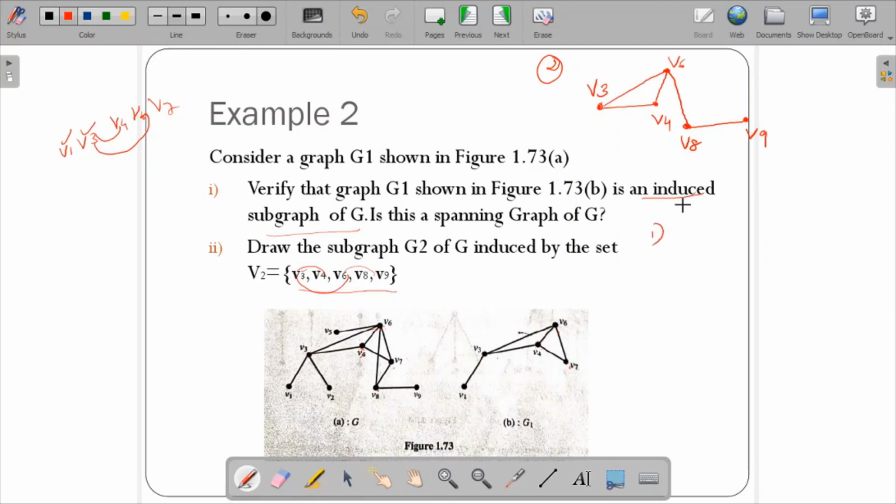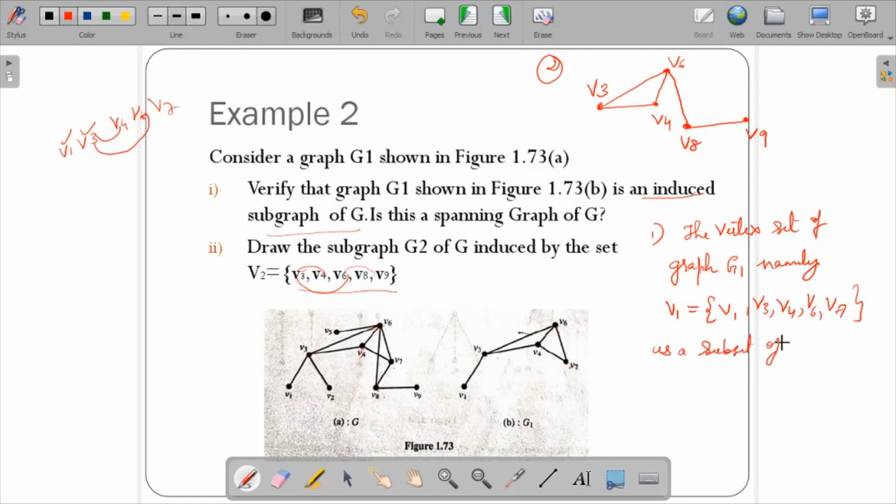The vertex set of graph G1, namely V1 equal to V1, V3, V4, V6, V7, is a subset of the vertex set V equal to V1, V2, up to V9 of G.